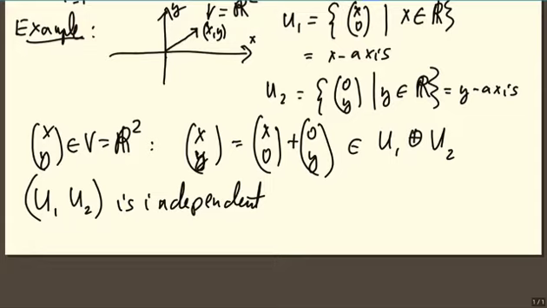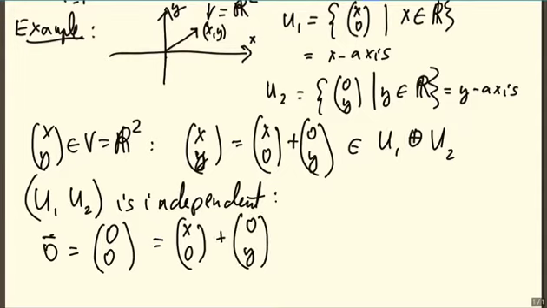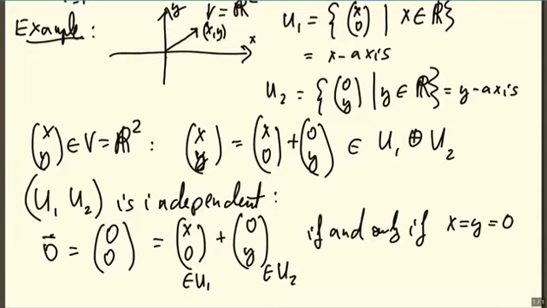For this, we have to show the uniqueness of the representation of the 0 vector. So if we have x0 plus 0y using this U1, U2 representation, then this can happen if and only if x equals y equals 0, since the way we add vectors together is that this will be the xy vector.